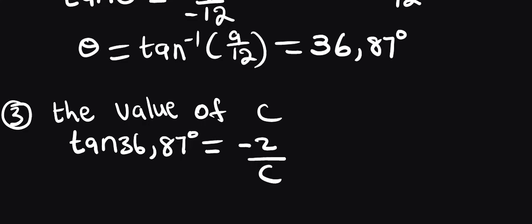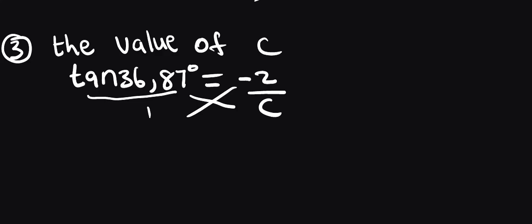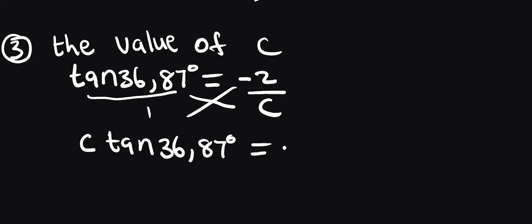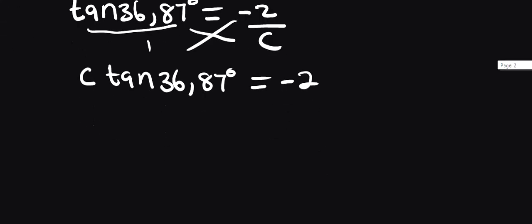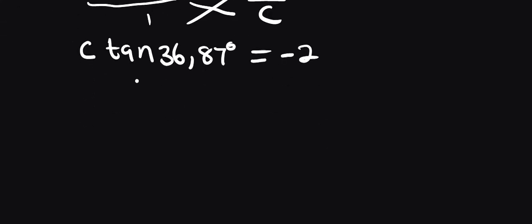Right. Then now what we need to do is to cross multiply. We know that this is all over 1, then we apply the cross multiplication. That means we will have c tan 36,87 degrees, which is equal to negative 2. Now, remember, we are solving for c.